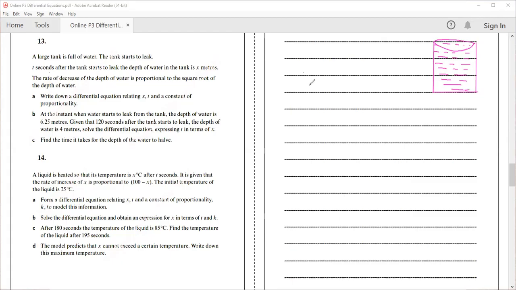The first line is: a large tank is full of water. The tank starts to leak.